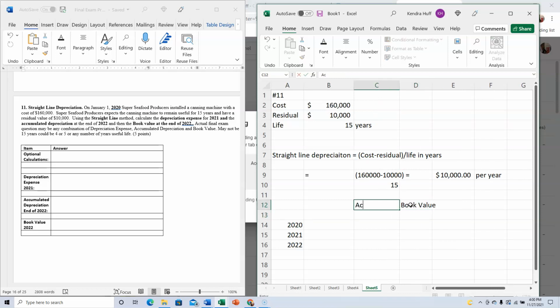So I'm on book value, accumulated depreciation, and current year depreciation. All right, so it's 10,000 a year every year.